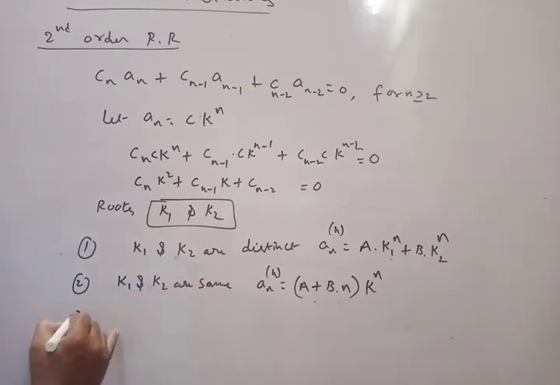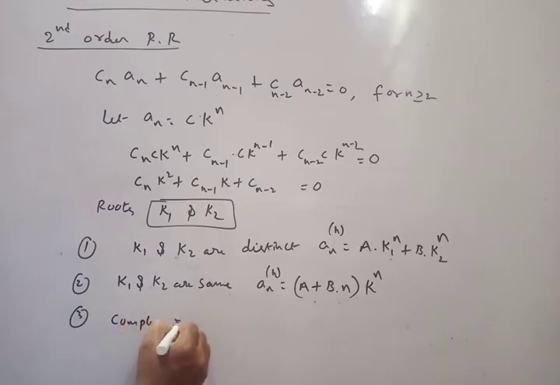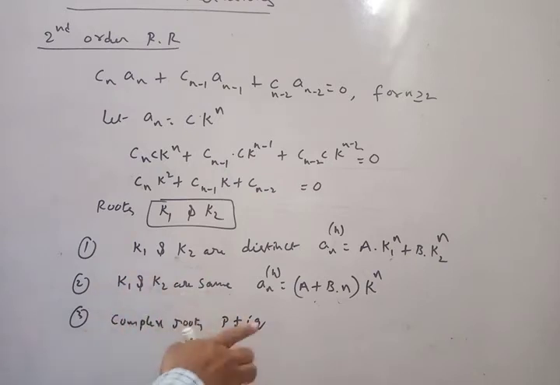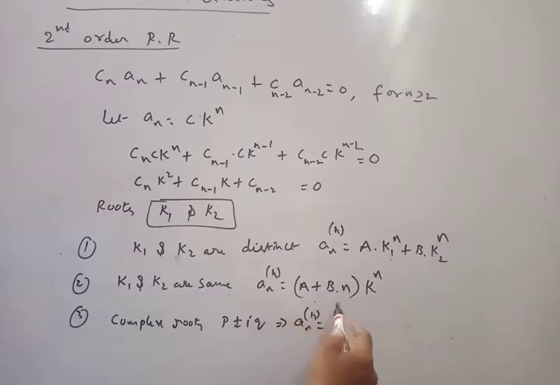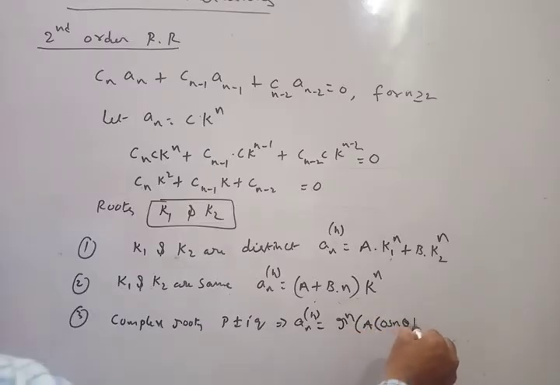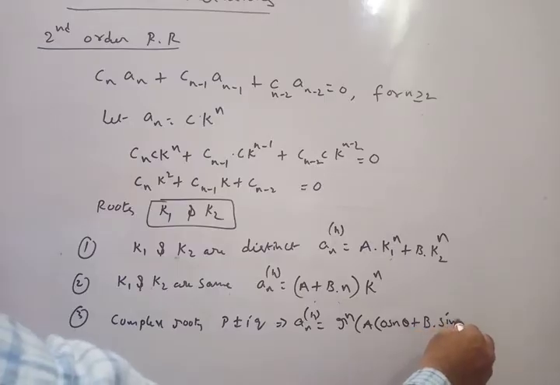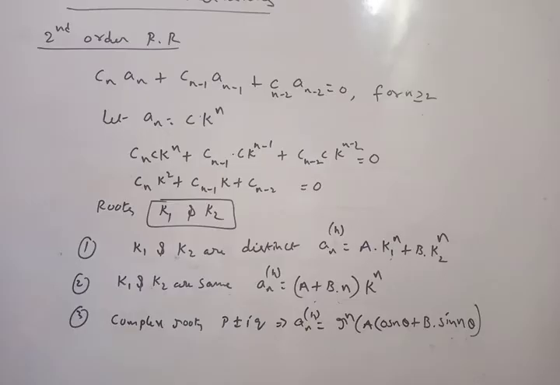Then if I get complex roots, k1 and k2 are complex roots in the form p ± iq, then here a_n = rⁿ (a cos nθ + b sin nθ).